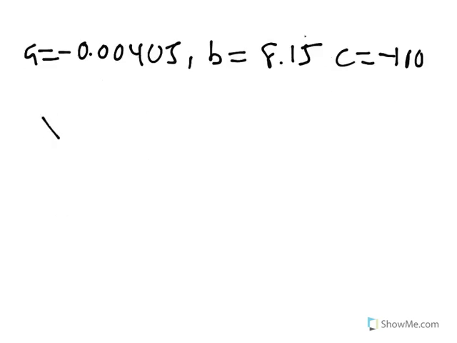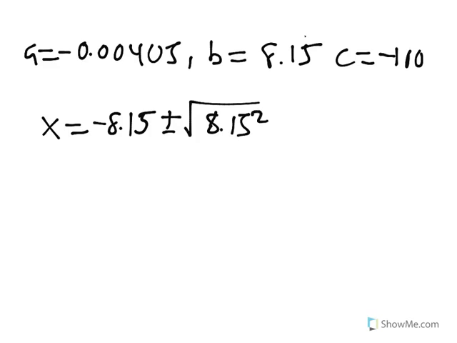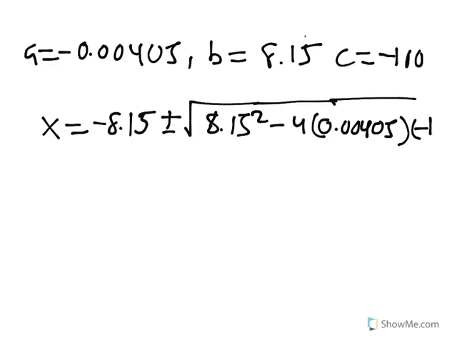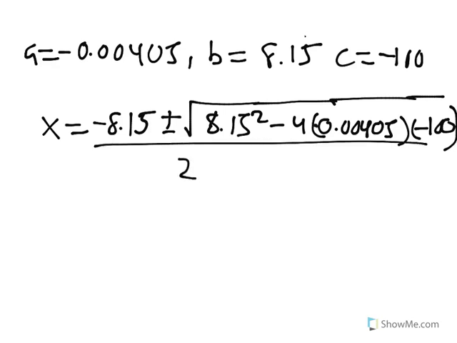So there's going to be two solutions to where he breaks even. So we just need to plug these values into the quadratic formula. x equals negative b, plus or minus the square root of b squared, which is 8.5 squared, minus 4 times a, which is negative 0.00405, times c, which is negative 100, all over 2a, so all over 2 times negative 0.00405.